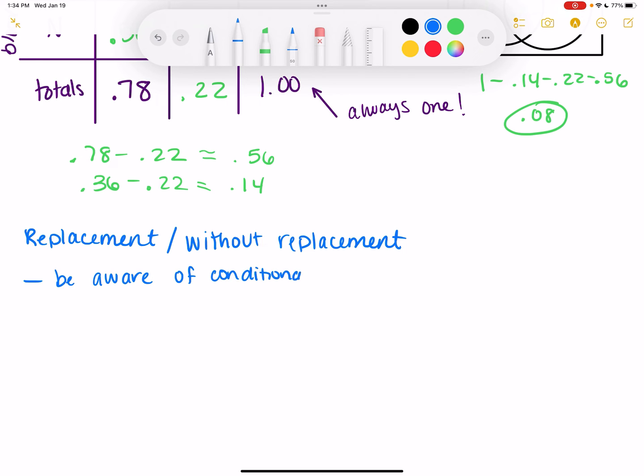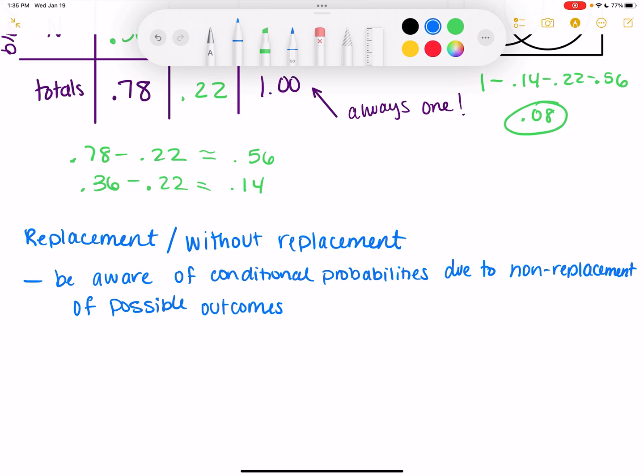Due to non-replacement I can't do this anymore, of possible outcomes. Think it through.